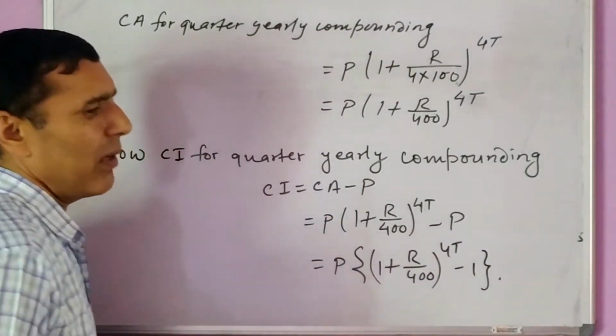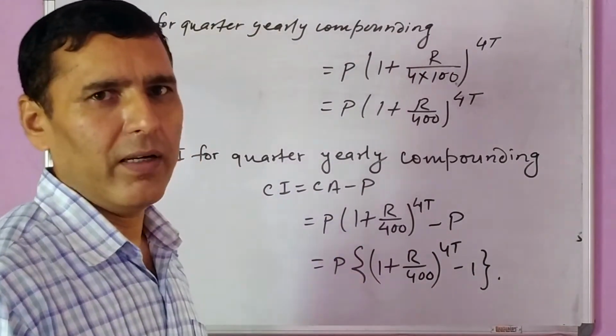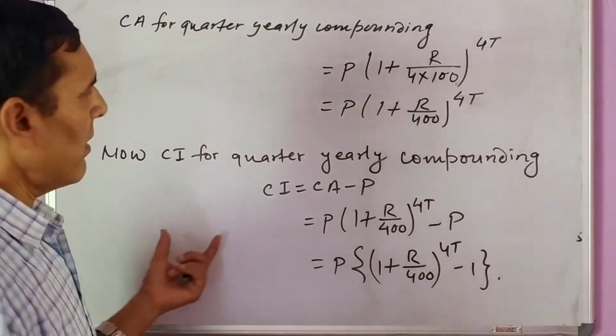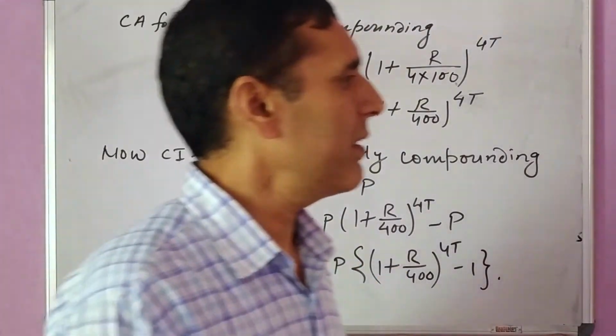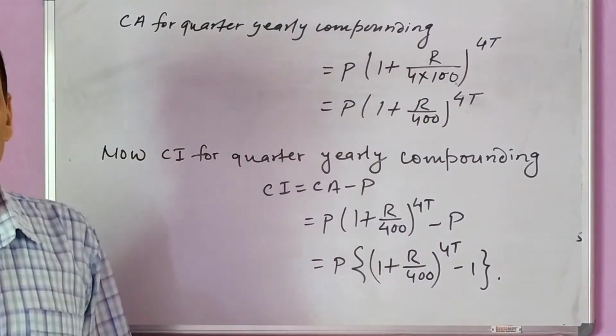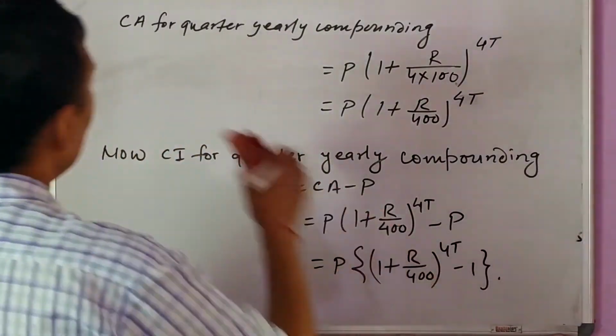So by this formula we can calculate the compound interest for quarter yearly compounding. So these are the formulas to calculate the compound amount and compound interest for yearly compounding, for half yearly compounding, and for quarter yearly compounding.